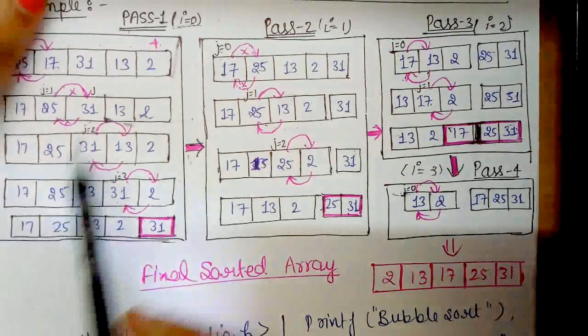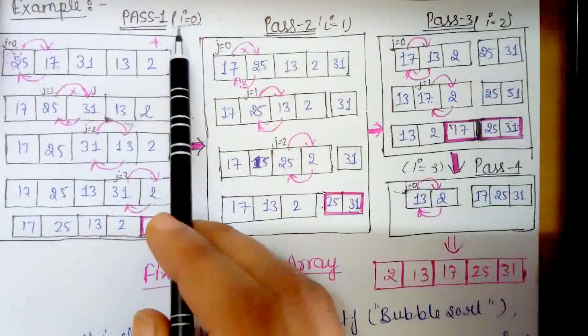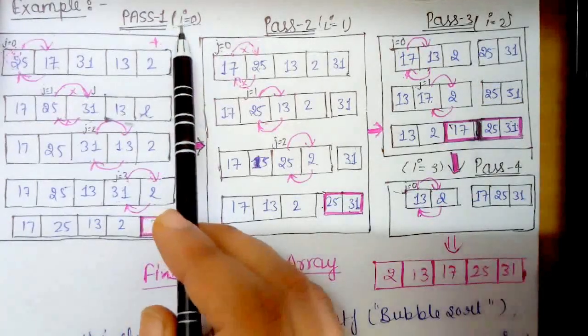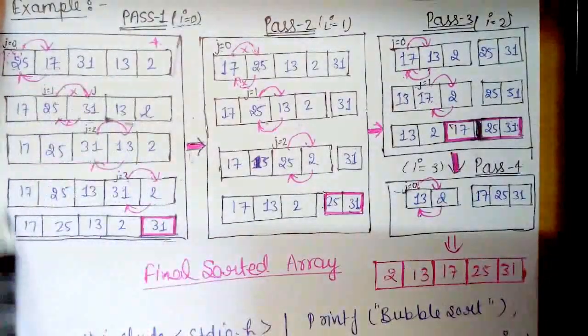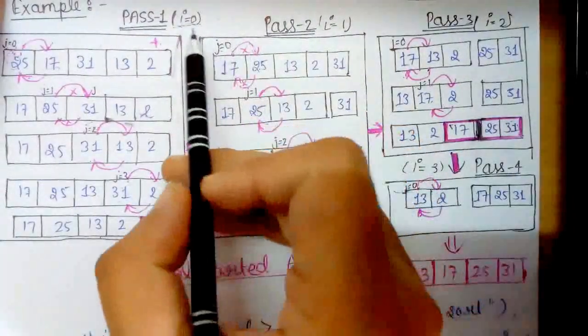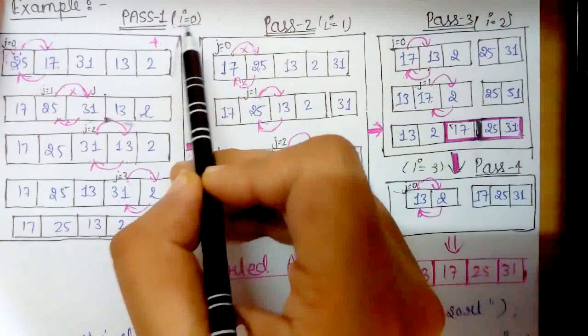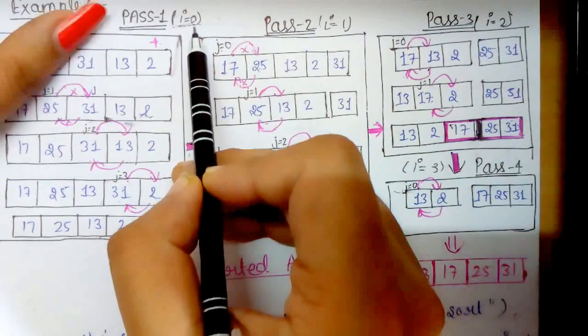Now, as I have said, we will execute the I loop for passes, and under these passes we will execute the j loop. You can see that we start the ith loop, of course, from 0.